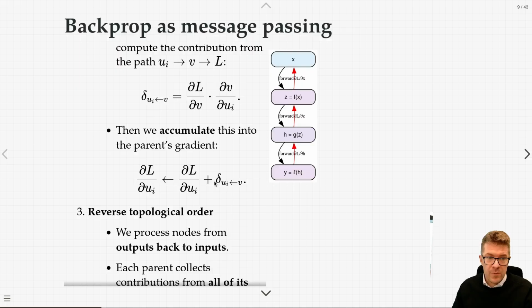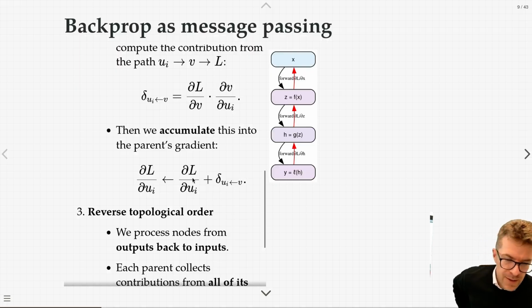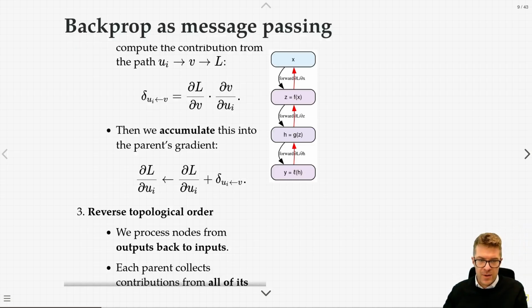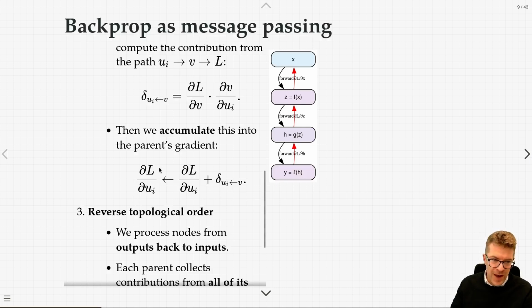Then we're going to accumulate this into the parent's gradient. So we have some pre-existing knowledge of the gradient, and then we're going to keep on adding these partial derivatives from parents. This is more of an implementation thing we'll see later on, but this looks a little bit like code. This quantity on the left is going to be composed of these two terms on the right.